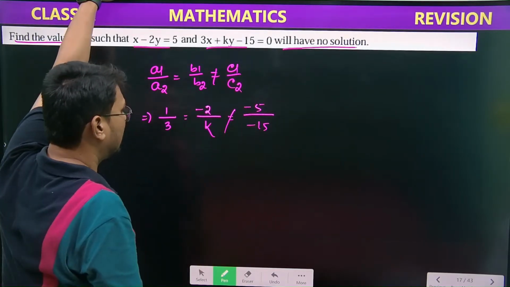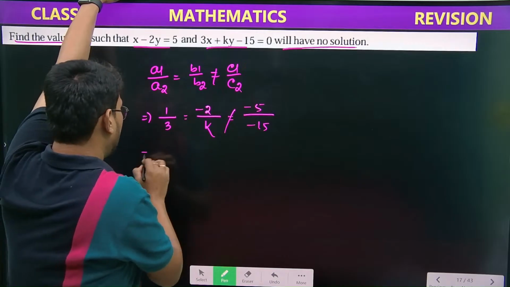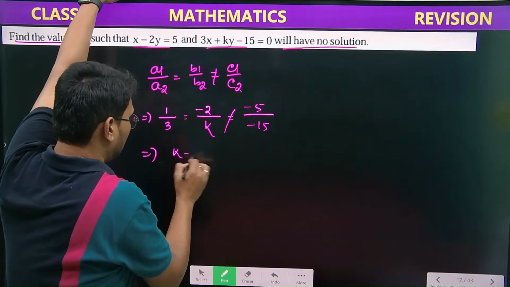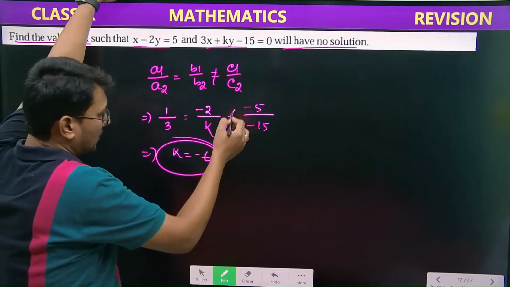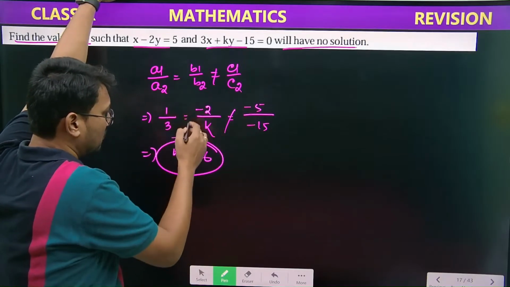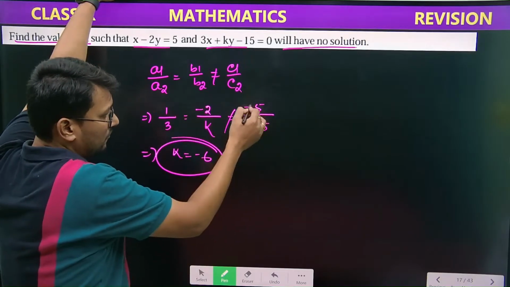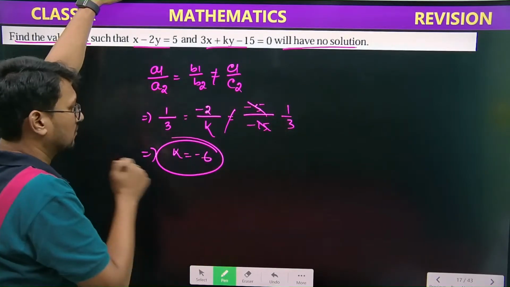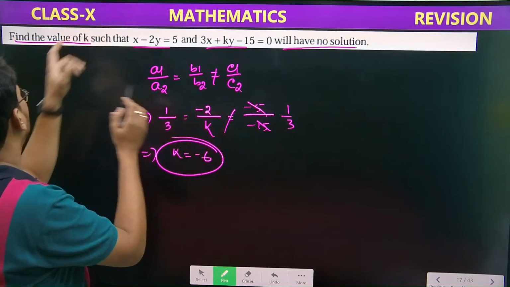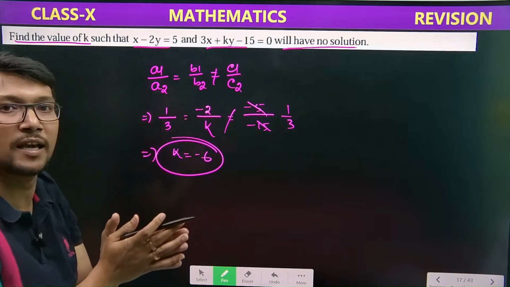You should keep this in your mind. So the k value is -6. If k is -6, check: 5 by 15 is 1 by 3. So the k value is -6, but the question is asking what the value of k should be.